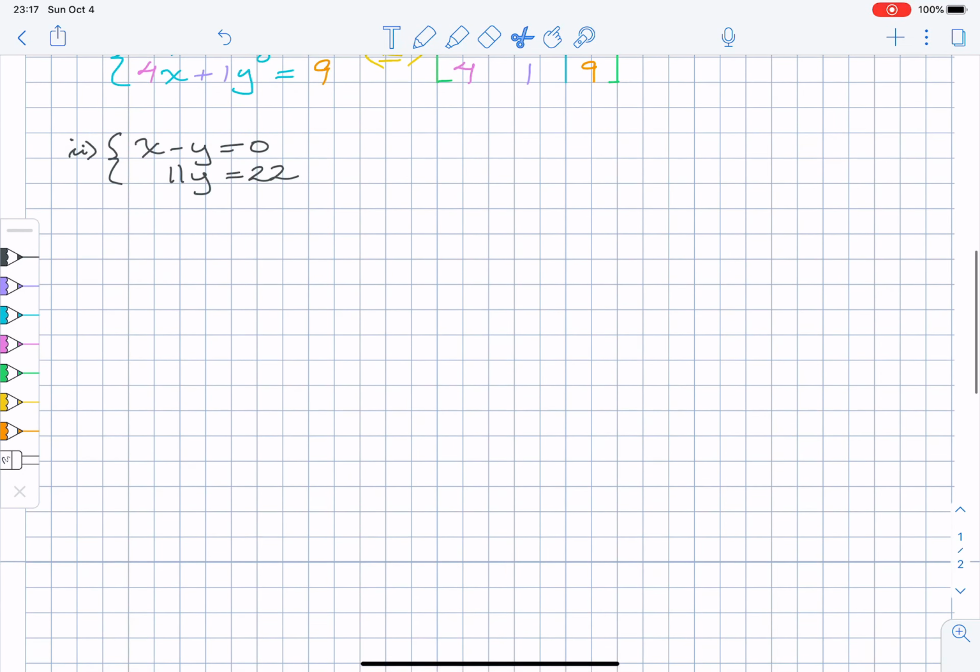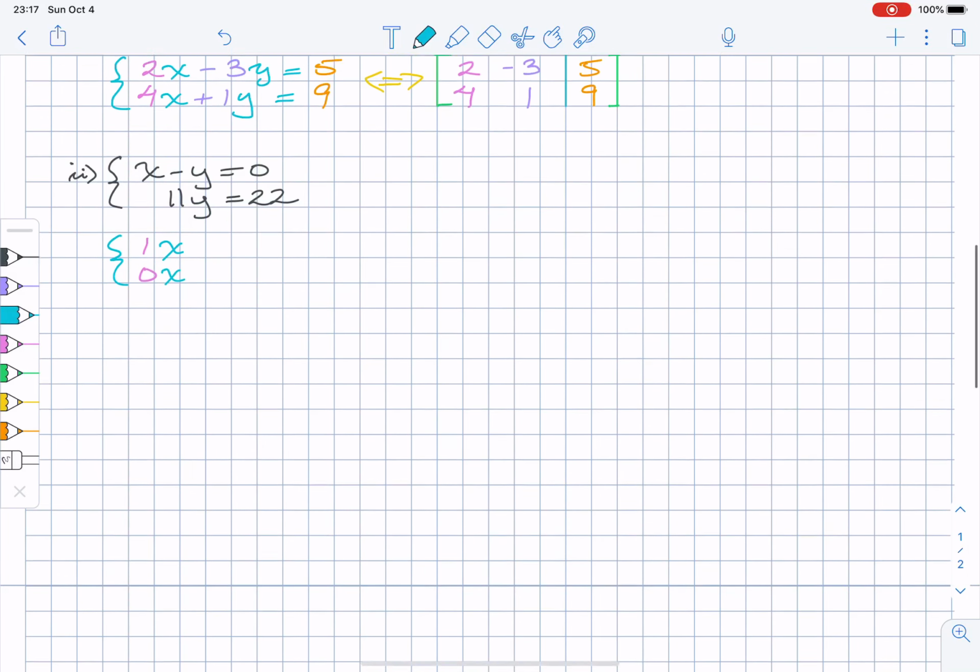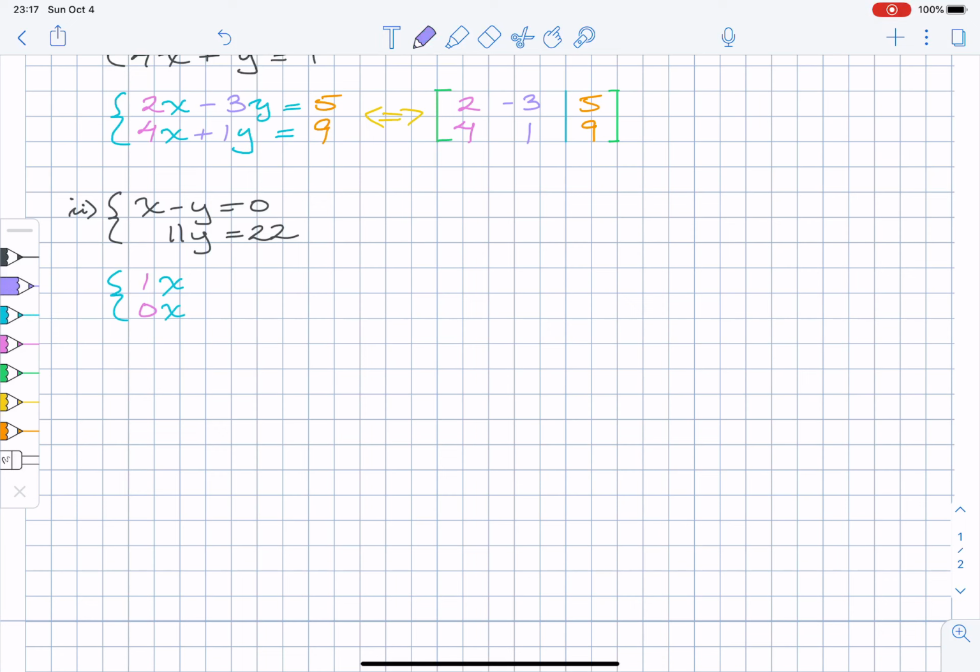Once again, let's rewrite this. I claim that this is 1 and 0 times x, and then negative 1 and positive 11 times y, is equal to constants of 0 and 22.